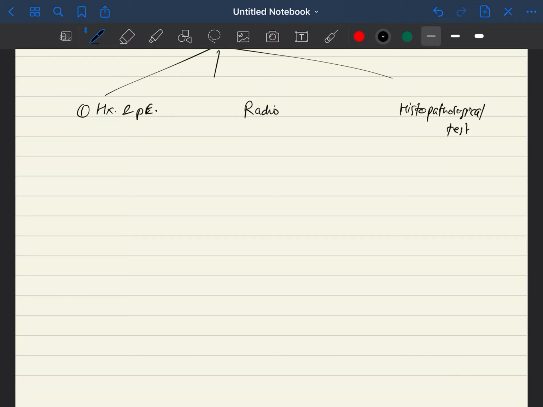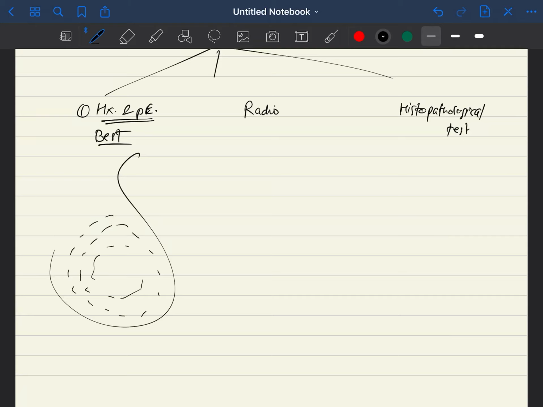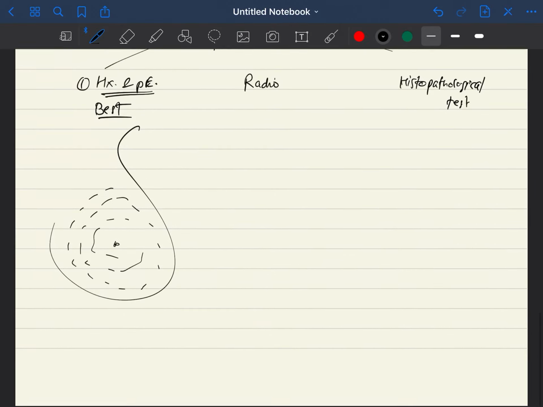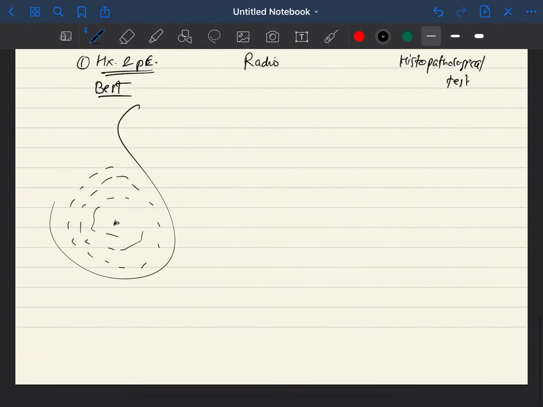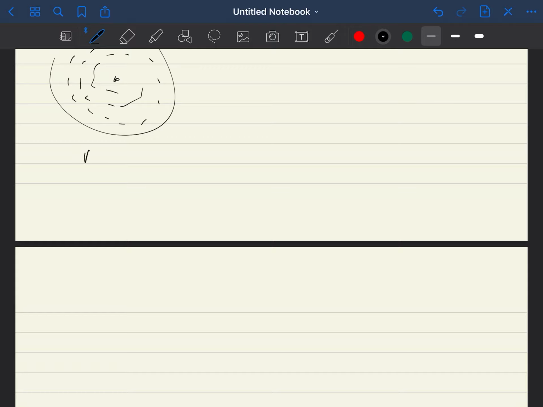In the history and physical examination, the best method is when we check the breast clockwise and anti-clockwise. This is also called the dial clock method. Take note.